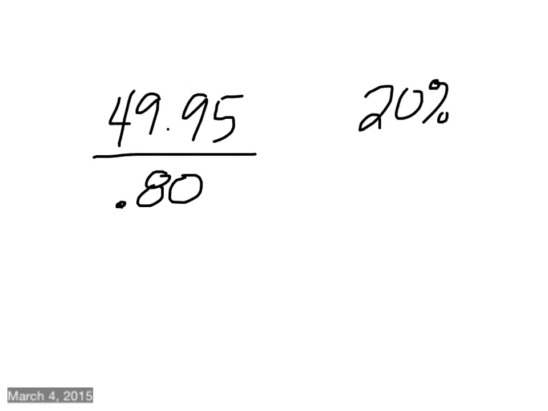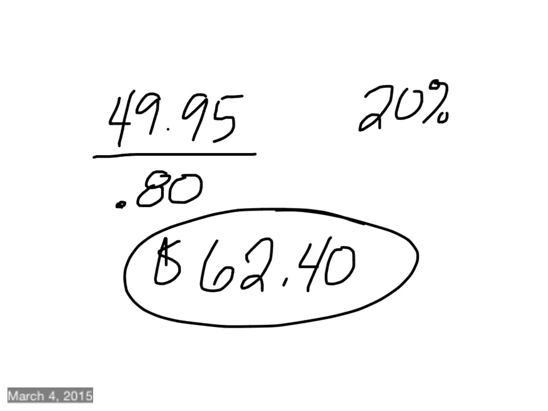Anybody know what we're going to sell it for then? $62.40. So again, this is just one way of figuring out what the selling price is going to be, because obviously we want to make sure we cover enough to not go out of business.